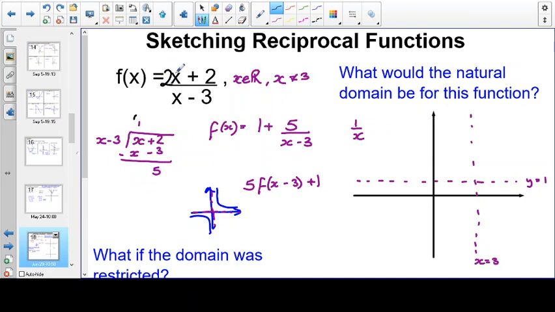Whatever number is here is going to be your horizontal asymptote. So if that was a 2, you would have a horizontal asymptote at y equals 2. So if we sketch that in, that's going to go like that, in that top right quadrant, and then bottom left quadrant, like that.